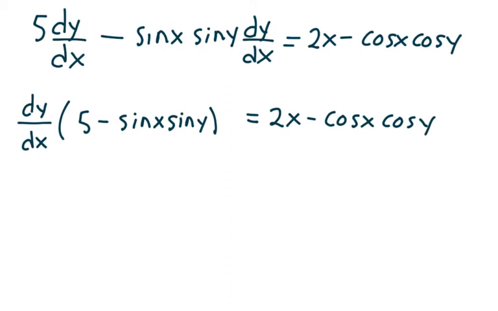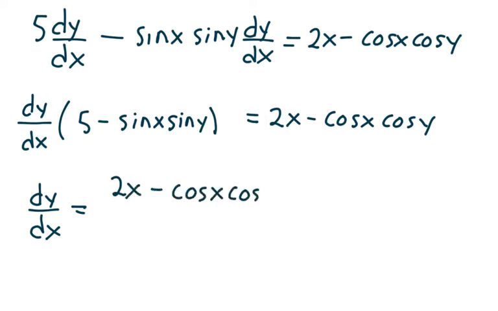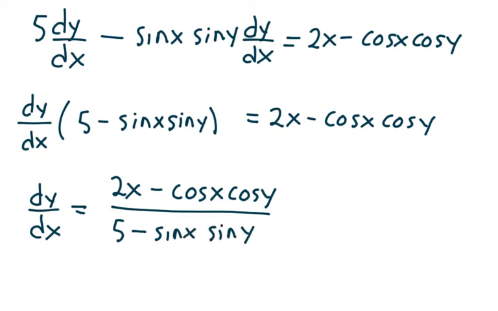Now, to get dy/dx by itself, I'm going to divide both sides by 5 minus sine x sine y. So we get 2x minus cosine x cosine y divided by 5 minus sine x sine y.